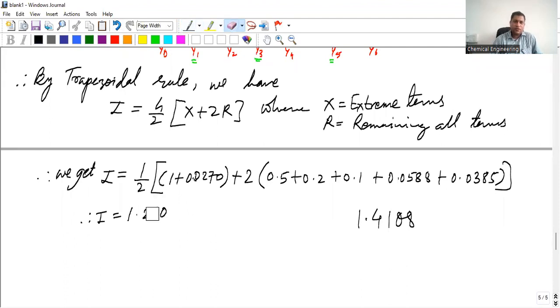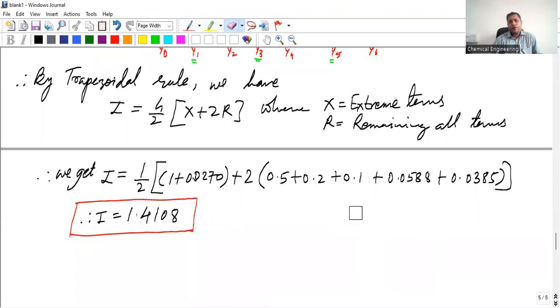What about the others? Are you getting the same? Yes, sir. It is 1.4108, that we will accept, because most of you are getting this. So we got the value by the trapezoidal rule.